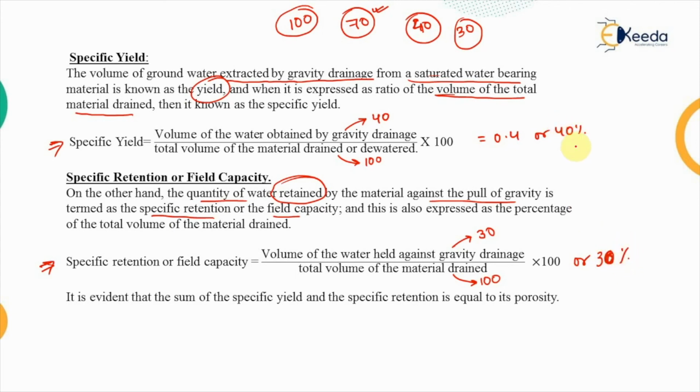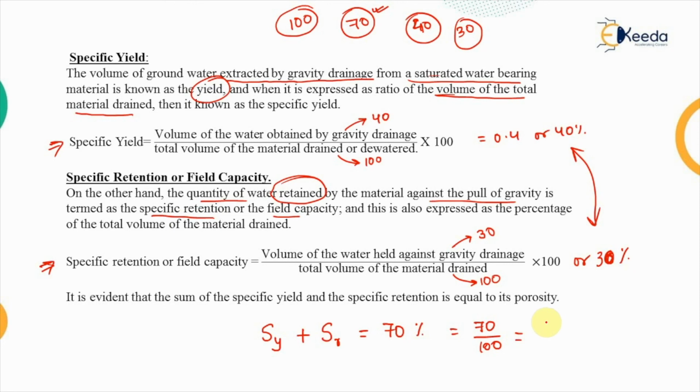Now if you look at the addition of these two terms, 40% and 30%, the specific yield, denoted by SY, and the specific retention, denoted by SR, the total of these two is 70%. So this 70% is 70 by 100, where 70 was the total volume of the voids and 100 is the total volume of the material which is drained.